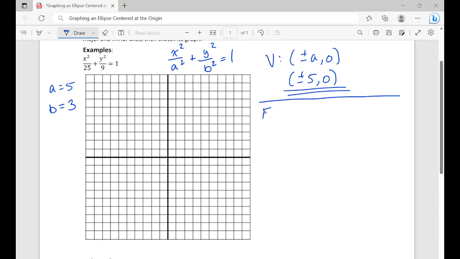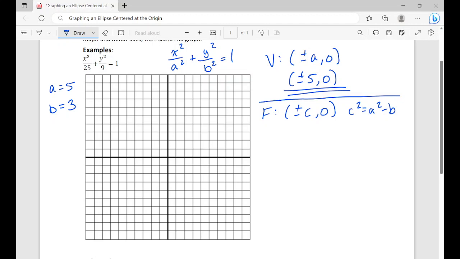Next, we're going to find the foci, which I will just abbreviate as F. And that can be found at plus minus c, comma, 0. And to be able to find the foci, you need to know the equation for c, which is c squared equals a squared minus b squared.